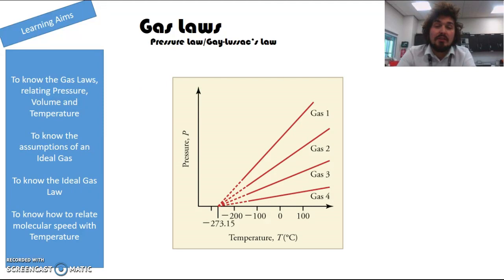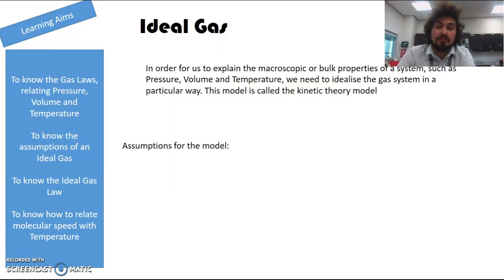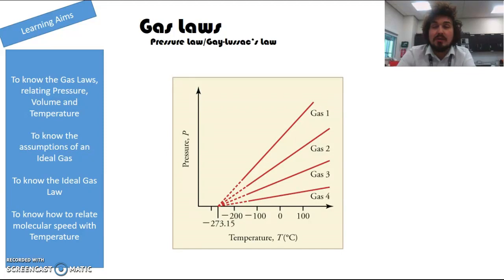Different gases will behave differently, but ultimately they're all linear relationships. Also, it would give you the same minus 273.15 at zero pressure, because only in a zero volume state can you get zero pressure, even though it seems weird because you said inversely proportional.